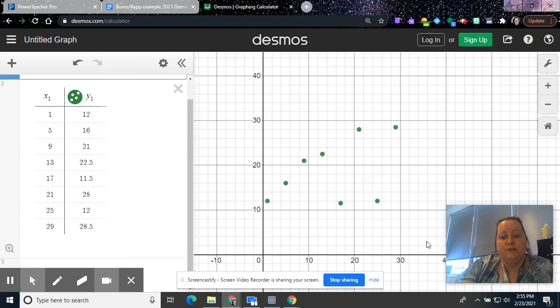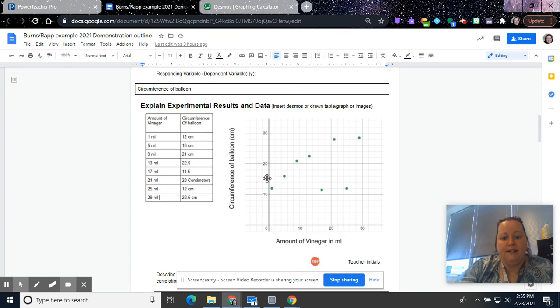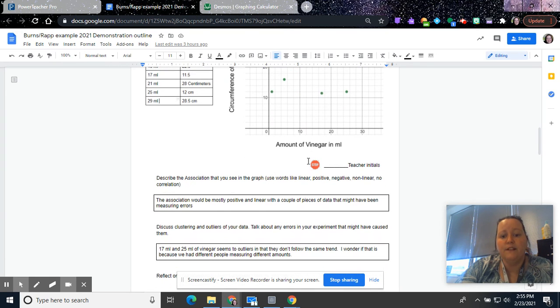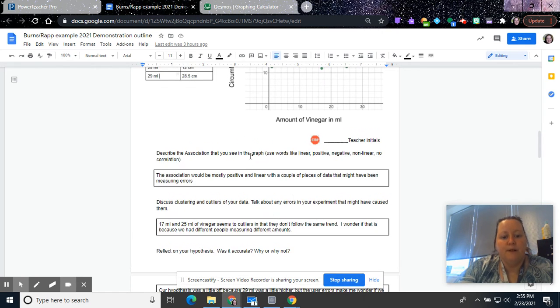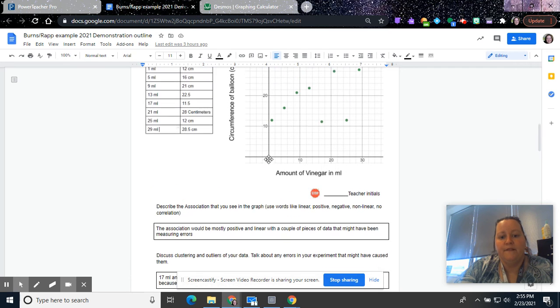And then again, I just used my snippet tool and copied and pasted it over here. Then you need to stop and get a teacher's initials, preferably mine since I'm the math teacher. But if I'm not available, Miss Rapp or Miss Eldred or Miss G would also be able to sign that off.